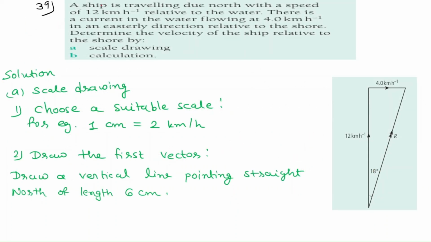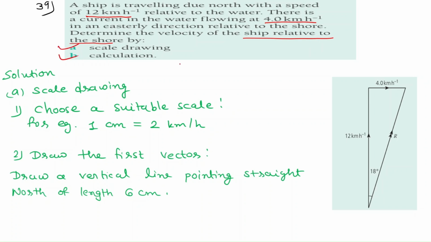Question number 39 says a ship is traveling due north with a speed of 12 kilometer per hour relative to the water. There is a current in the water flowing at 4 kilometer per hour in an easterly direction relative to the shore. Determine the velocity of the ship relative to the shore by scale drawing and calculation.